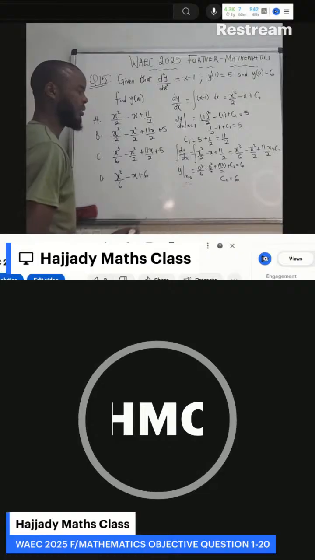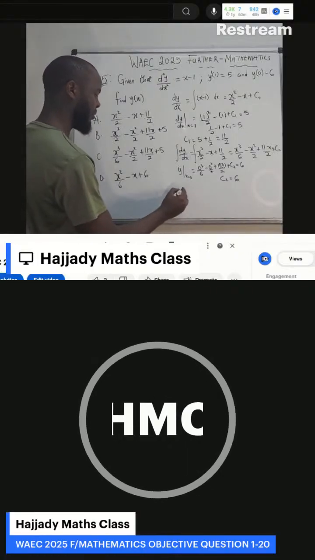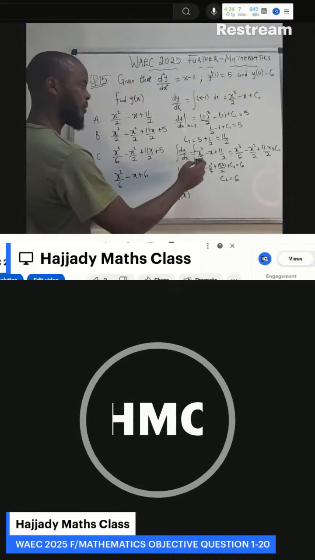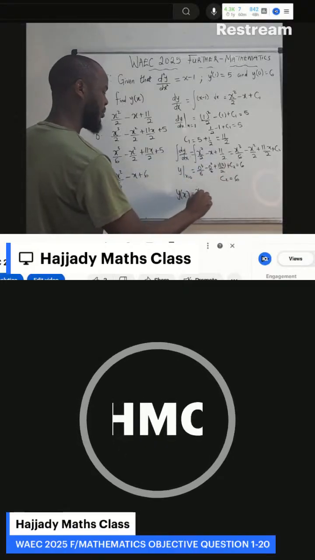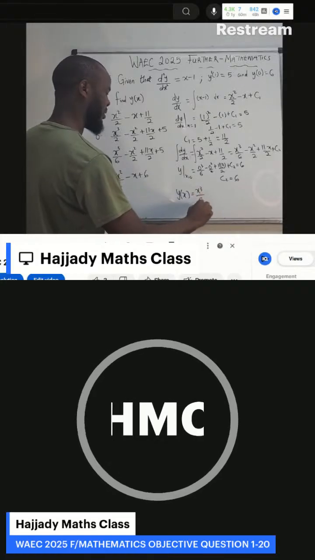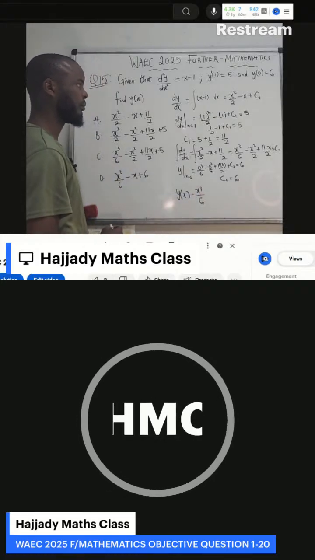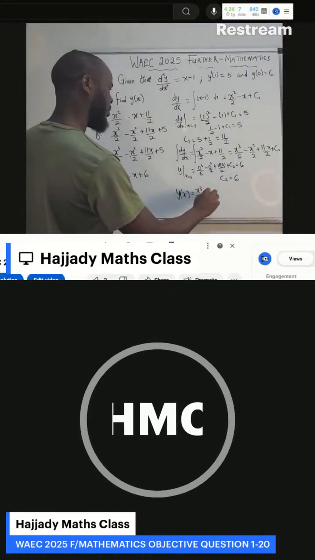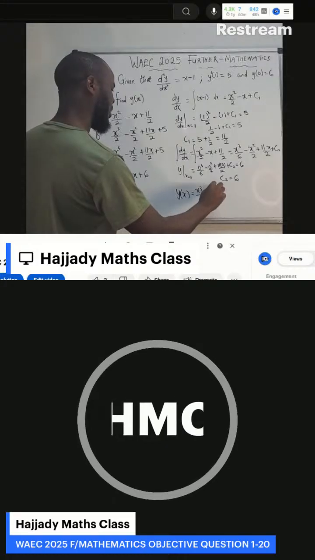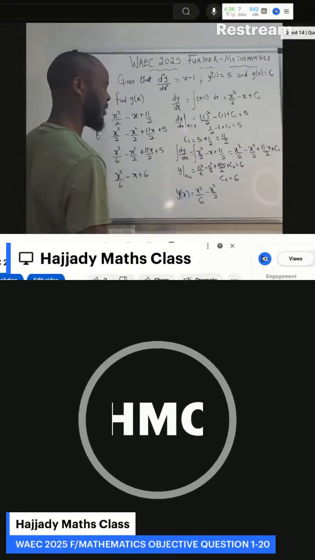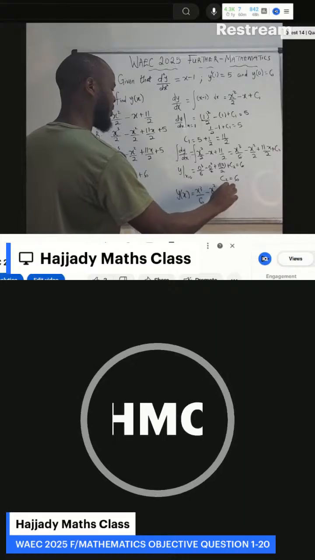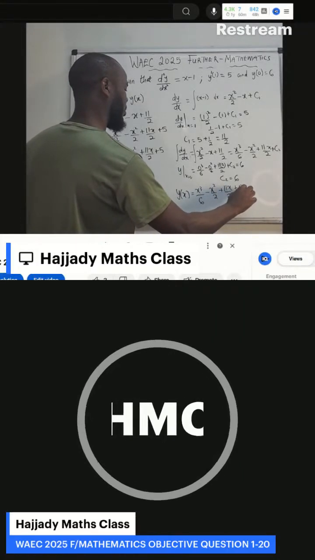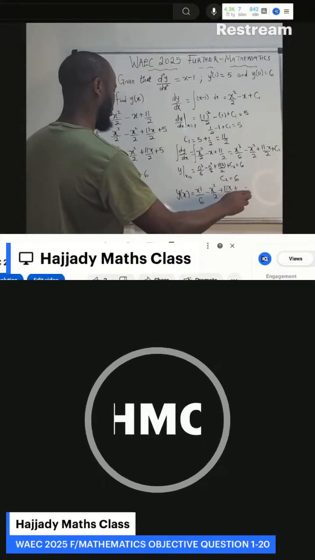Now we've gotten c2 to be 6, so that means your y of x is equal to x cubed over 6 minus x squared over 2 plus 11x over 2 plus, what is our c2?